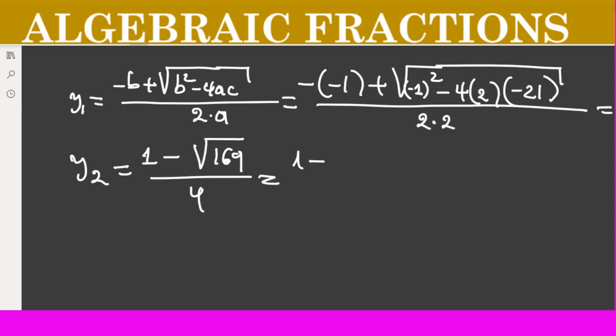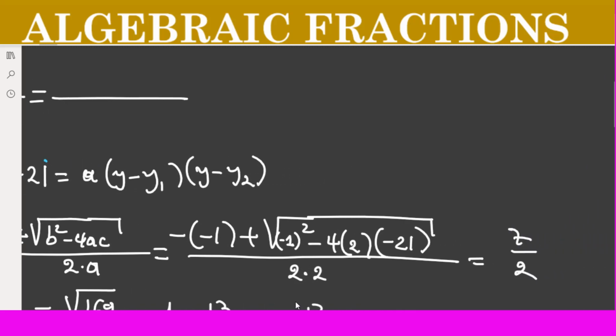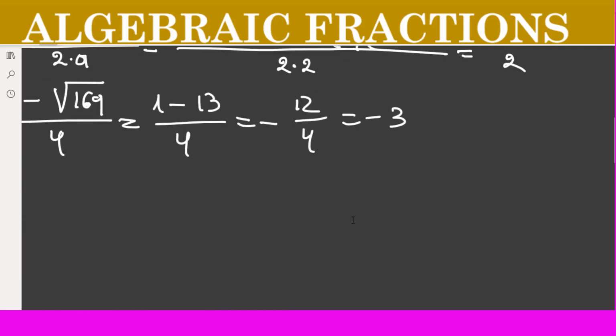We get negative 12 over 4, we have negative 3. Now a equals y1 over 2, y2 equals positive 3. Get here.